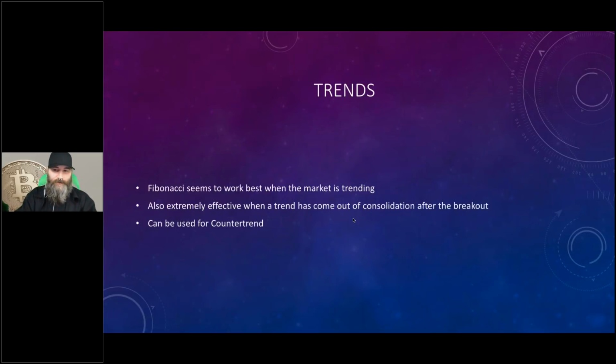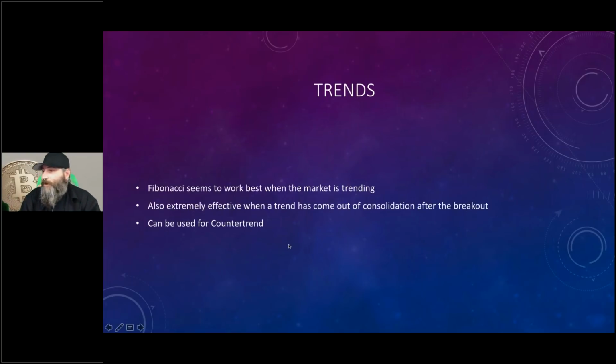You can set your Fibonacci retracement to get an idea for the levels of support and resistance you're going to see on the way down. So you can use that to your advantage to help you make better decisions while making those trades, or staying away from those trades altogether if you don't like how price action is reacting.